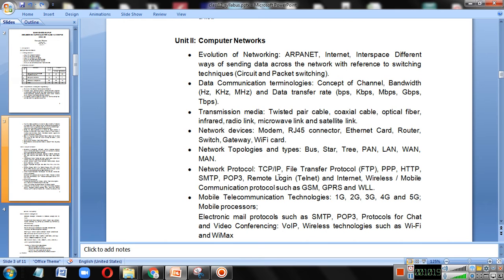Then we have the protocols, the set of rules that are to be obeyed by any network during the transmission. That is what we call TCP/IP, that is transmission control protocol with internet protocol.